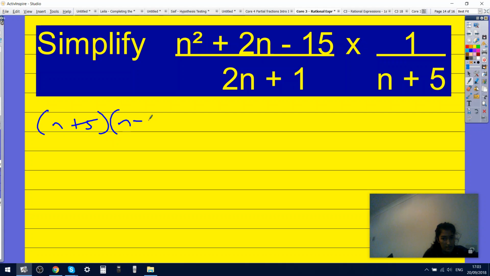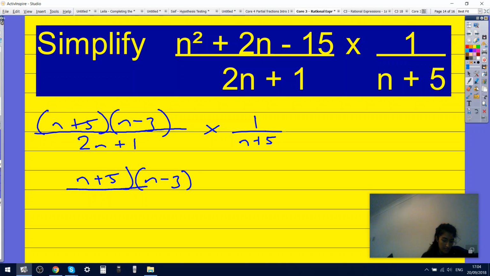And then when you times it, you get n plus 5, n minus 3 over 2n squared. What would you get if you didn't expand the bottom brackets? Just 2n plus 1. Times by n plus 5? Yeah. Can you simplify that?